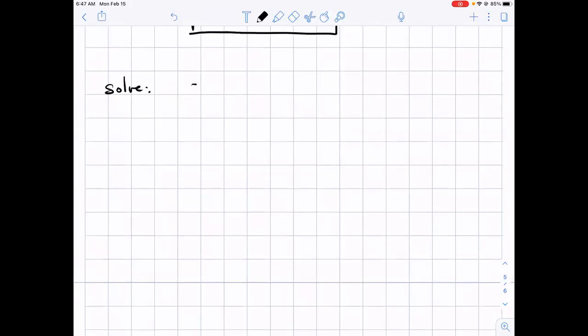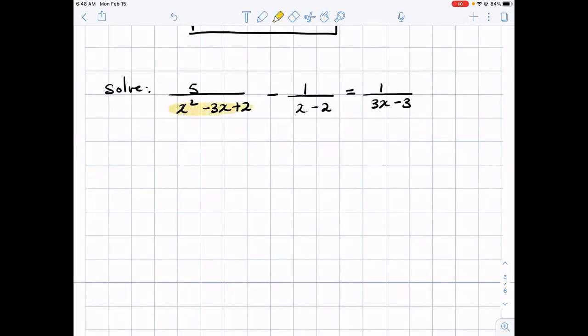So the problem is 5 over x squared minus 3x plus 2, minus 1 over x minus 2, and that is equal to 1 over 3x minus 3. Now, if you look at this problem, we can factor here and we can factor here.